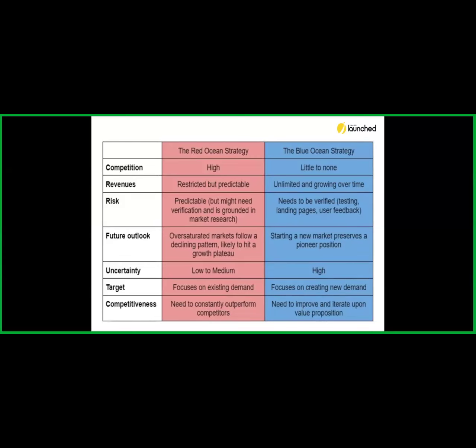Revenue: how much revenue the company can earn when it is implementing blue ocean and when it is implementing red ocean. When the company is implementing red ocean strategy, the revenues are restricted but predictable. So less revenues are there. The reason is more competition. You are not able to increase the price of the product as and when you want.